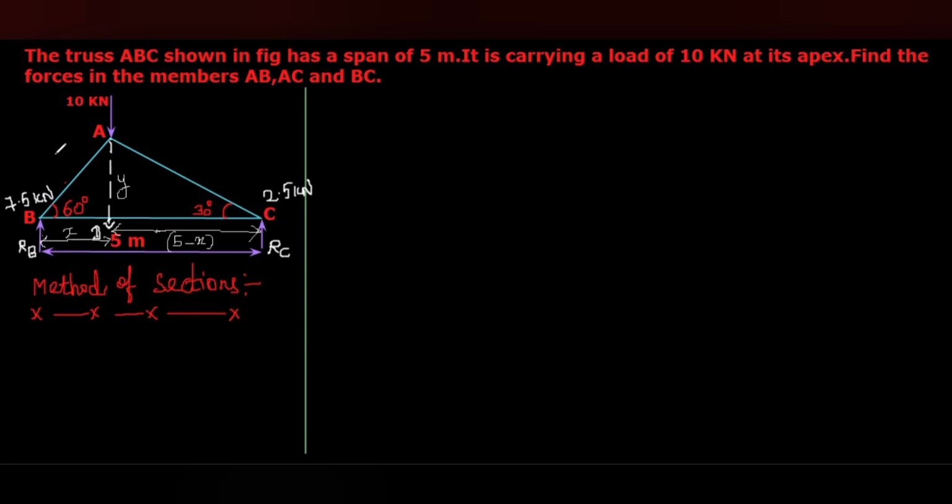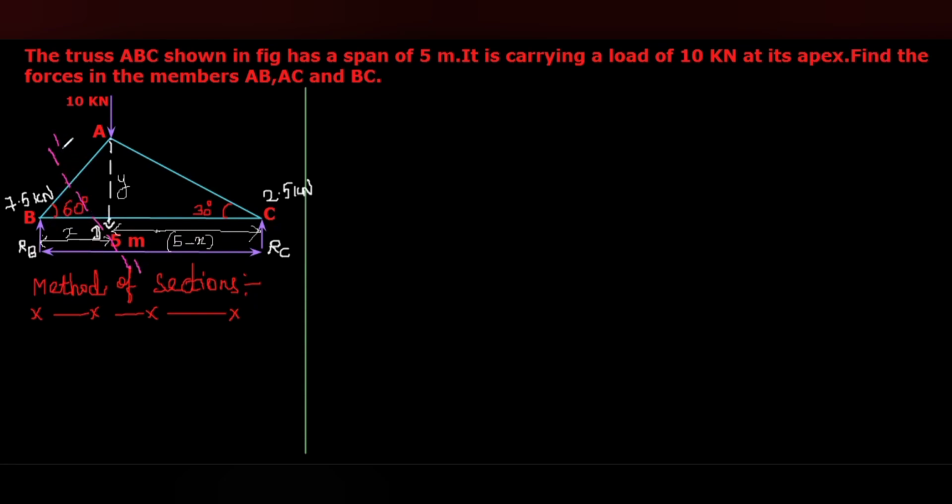So here I am going to consider the section line 1-1 like this, the section line 1-1 which cuts AB and BC.